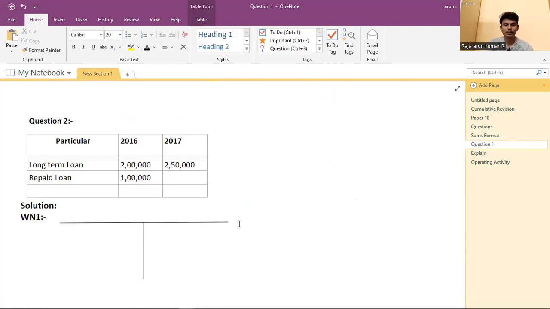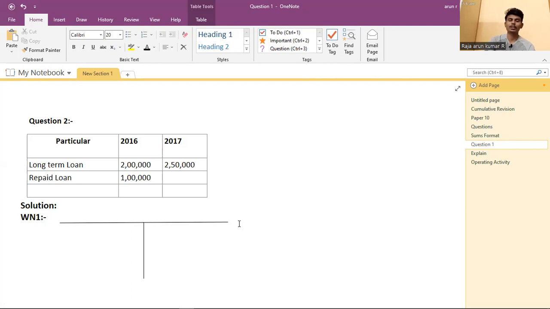Repaid was 1 lakh. If they give different amounts, we must put the difference as a working note.